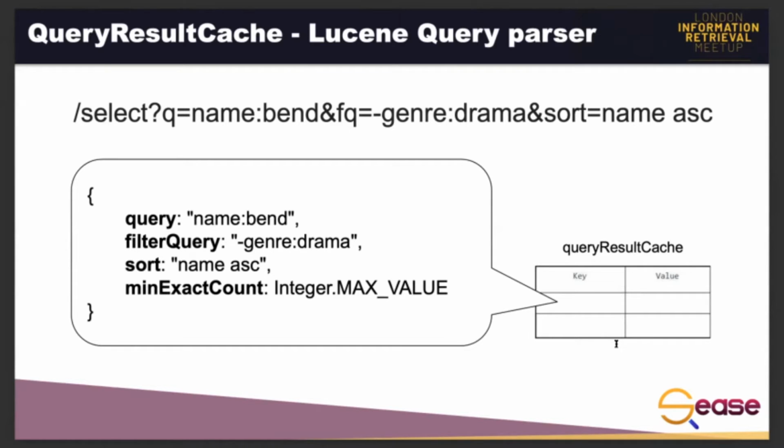As you can expect, you can see all the four parameters in an object that composes the key. The min exact count in this example is not present, so by default Solr puts the maximum number available in Java.